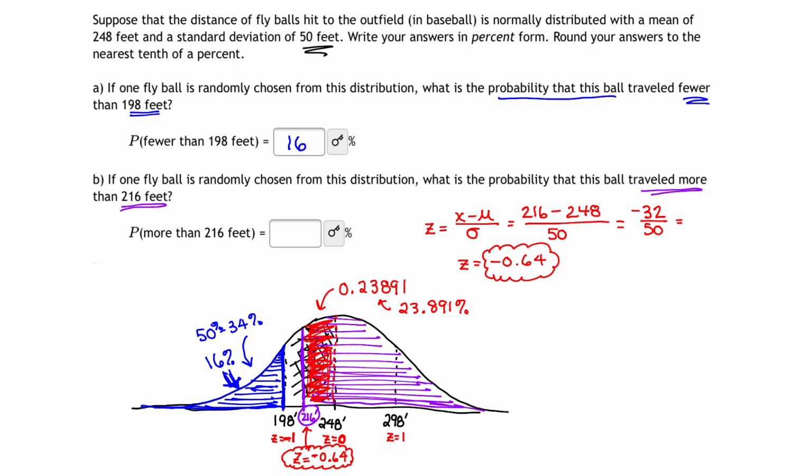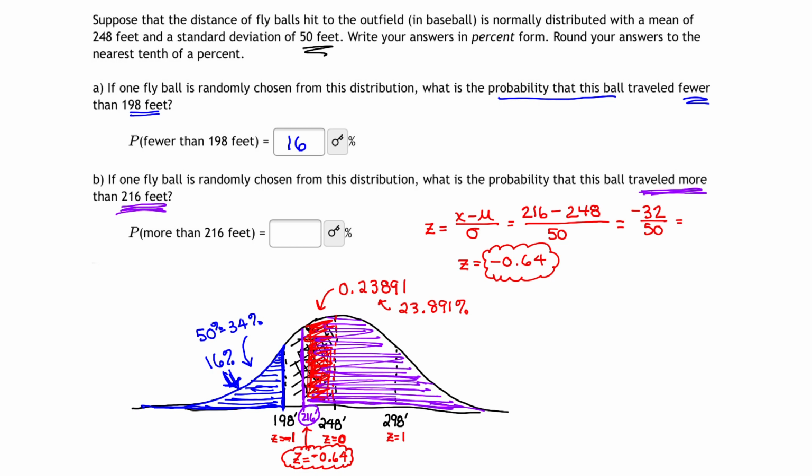Now, is that what we're looking for? Not quite. We're looking for the total area greater than 216. We're looking for the purple area, part of which is included in that red, but we're looking for the bigger purple area.